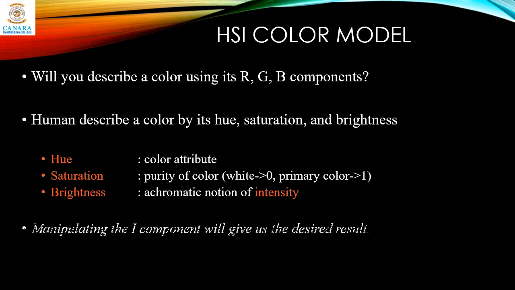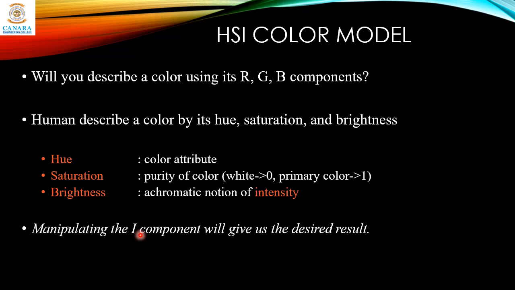Now the biggest reason for using the HSI color model is that in order to enhance the image, we just have to operate on the I component, which is the intensity component, which will give us the desired results. In contrast, in RGB and CMY color model, we need to operate on all the components.